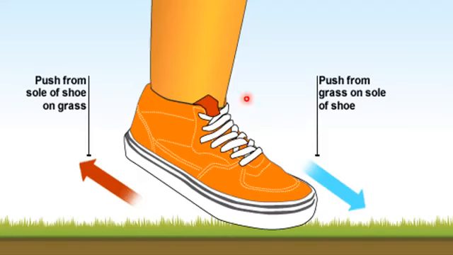Here you can understand it more clearly: your leg exerts a push on the floor, whereas the floor exerts a push on your leg. That is why our leg will also come up. This is how we walk, with action and reaction involved.